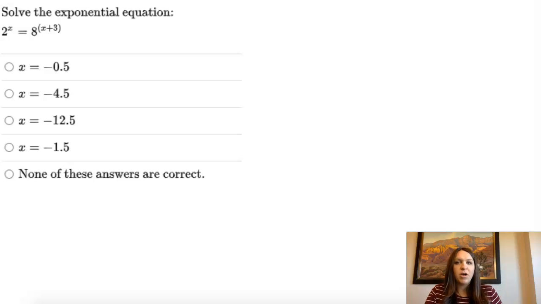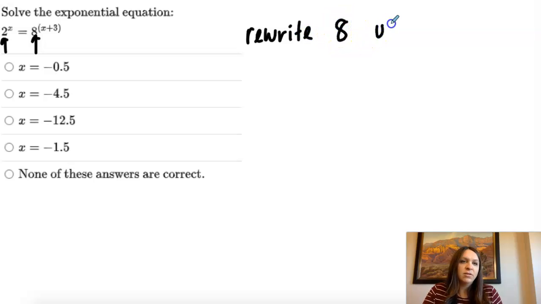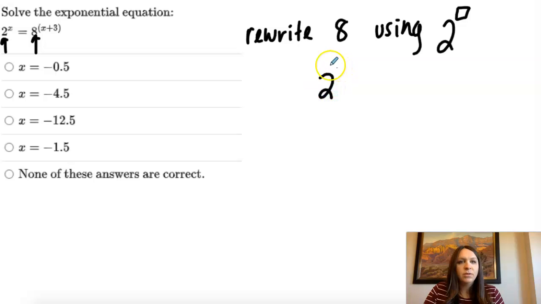You're going to come across problems where the base is not the same. So we want to rewrite the larger base, so 8, using 2 to the power of something. So I want you to think 2, and I'm using 2 because that's the base that I have right here. 2 to the power of something is 8.